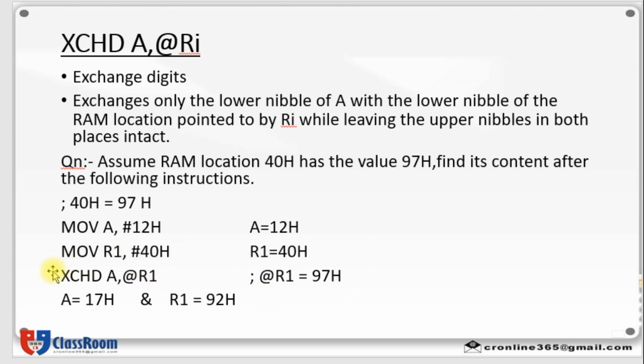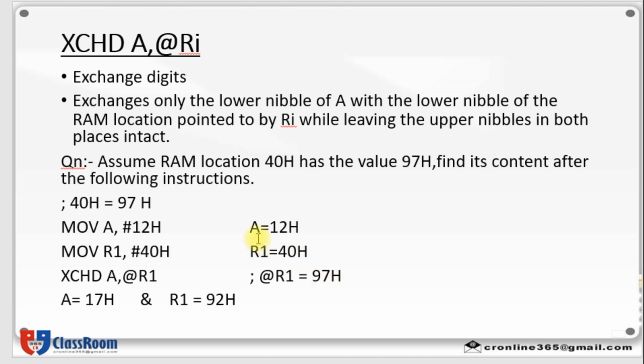After this instruction is executed, we have to exchange only the lower nibble of A with the lower nibble of the RAM location pointed to by this R1. A contains upper nibble 1 and lower nibble 2. So this lower nibble has to be exchanged with the lower nibble of the RAM location, where the upper nibble is 9 and the lower nibble is 7.